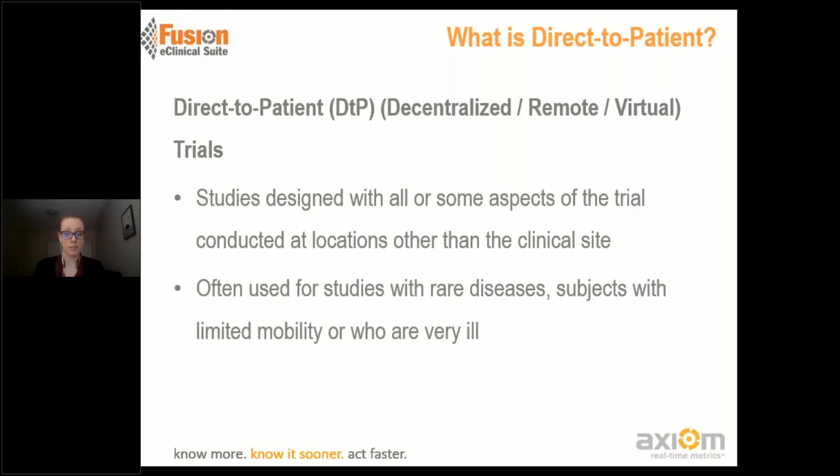This is often used or can be used for rare diseases where there are very specific academic institutions and locations where they really focus on those diseases and being able to support them. And then also when we're looking at scenarios where subjects have limited or reduced mobility due to illness.